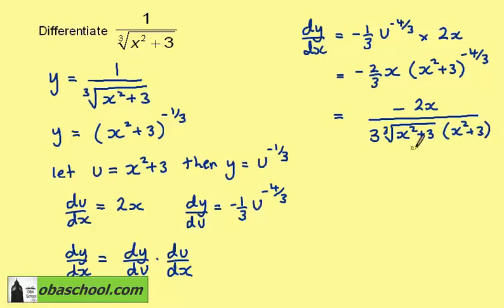If you look at the expression I have, this is x squared plus 3 to the 4/3. We have an x squared plus 3 to the 1, and an x squared plus 3 to the 1/3. And 1 plus 1/3 is 4/3.